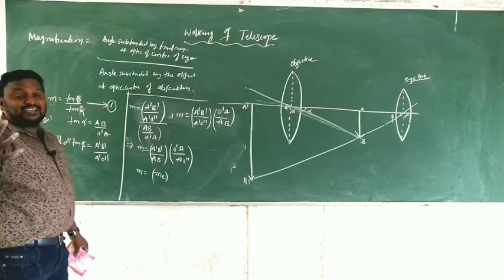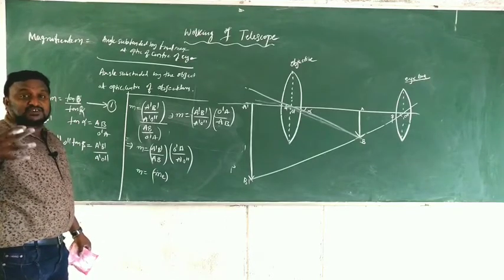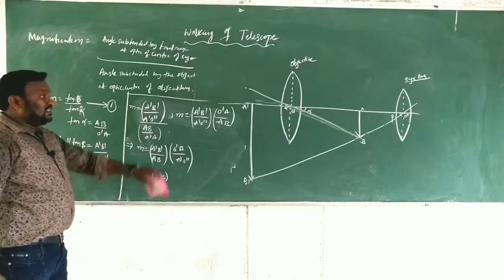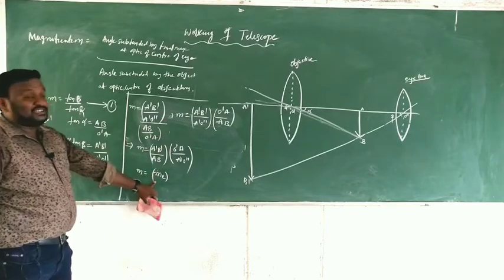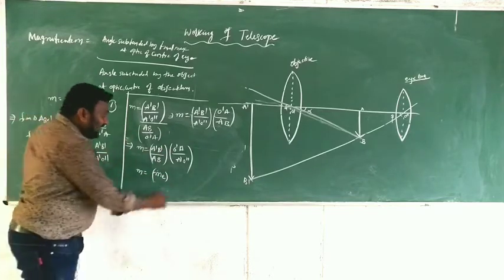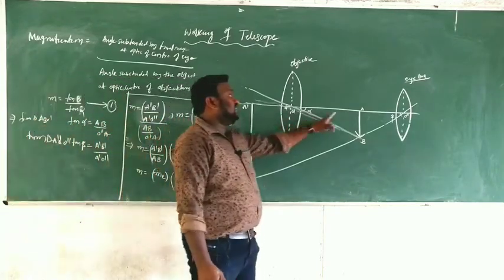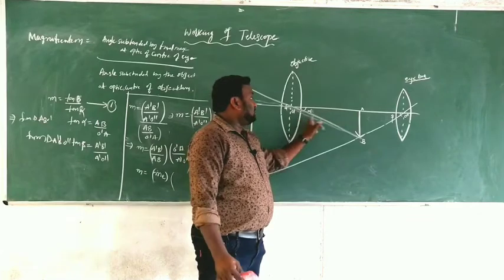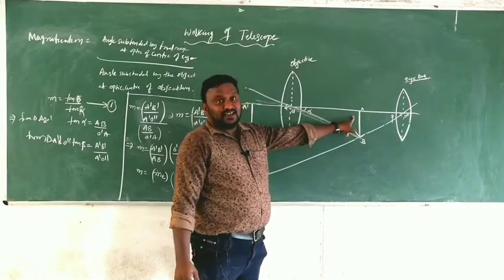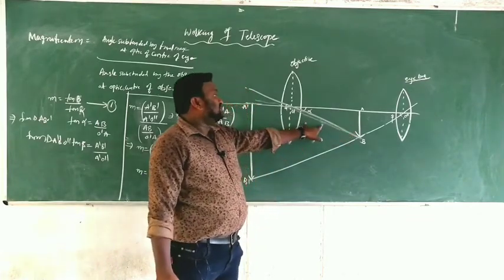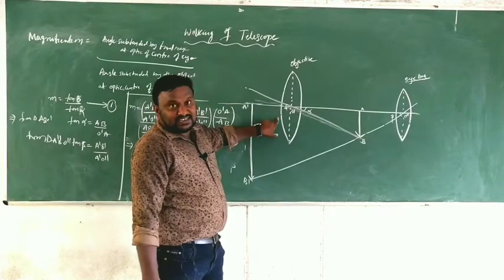The size of the image by the size of the object is called magnification. That's why here the magnification of the eyepiece is ME. And here, what is O dash A? This is the image distance of the objective lens.